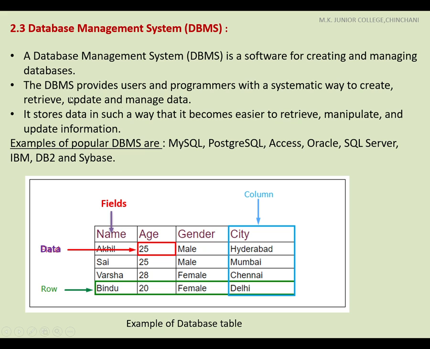So these are the software available on the net which we can download and use to create our database. That depends on you which software you are comfortable with. You can download that software and use to manage your database. Okay, so these are the examples for DBMS software.